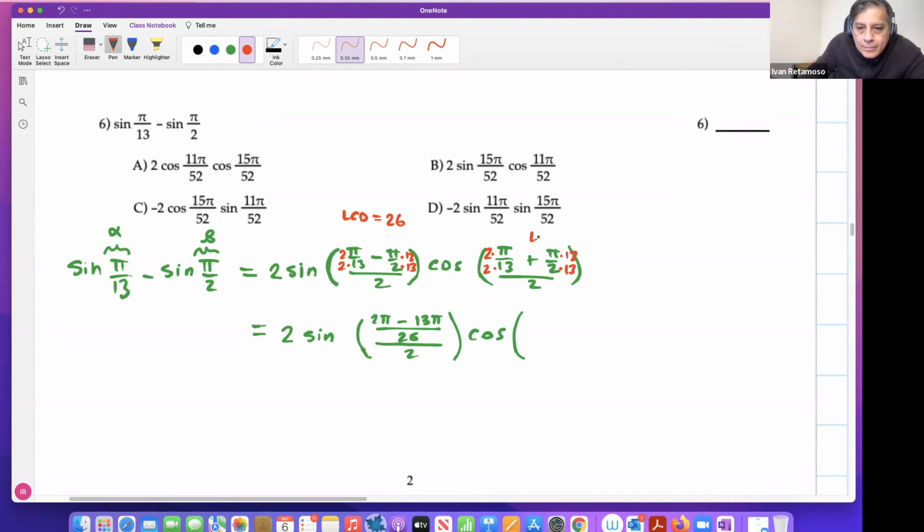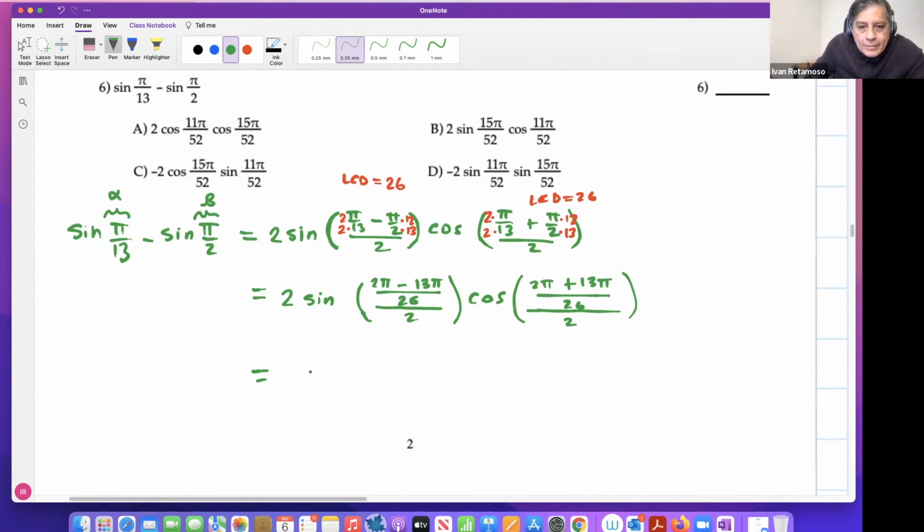By the same reason we did this here, right? LCD is 26, right? So we're going to get here 2 pi plus 13 pi all over 26 and all divided by the number 2, right? Divided by the number 2.